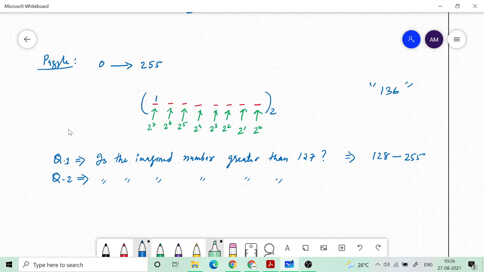This is my number, but I don't know it yet. I know that it is in the range 128 to 255. So what should be my next question?